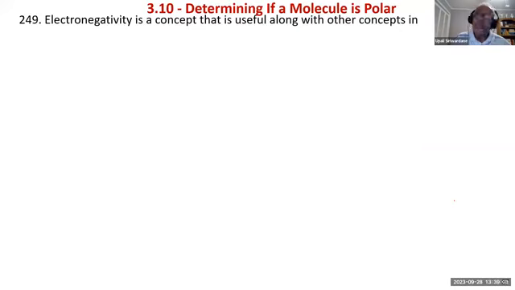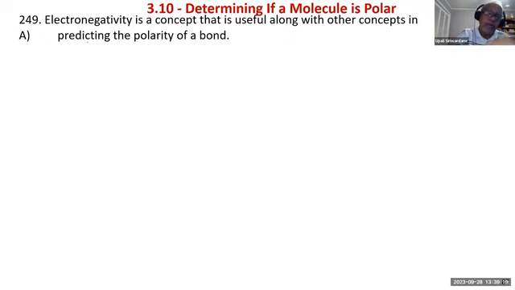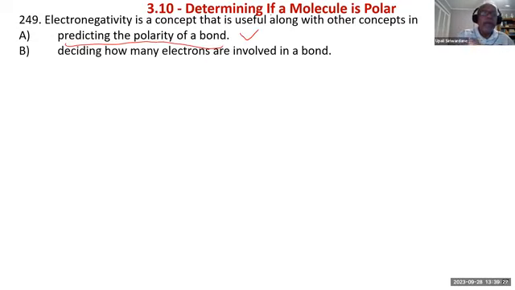There are a few more problems. Electronegativity is a concept that is useful along with other concepts. Electronegativity is useful in predicting bond polarity. That's true. Is it useful in deciding how many electrons are involved in a bond? We cannot tell how many electrons are involved.